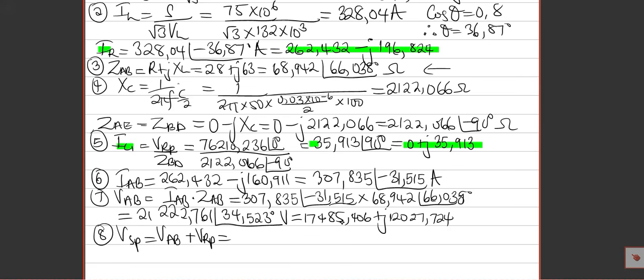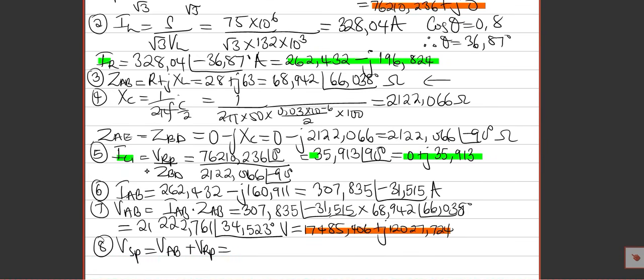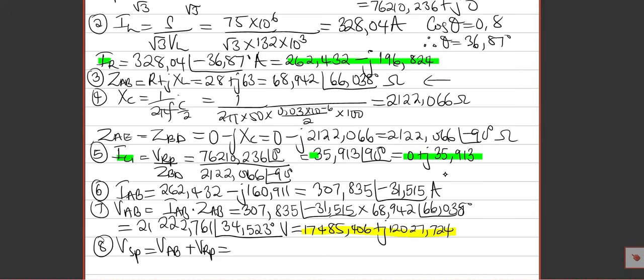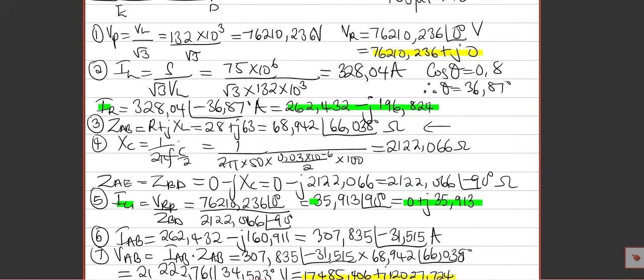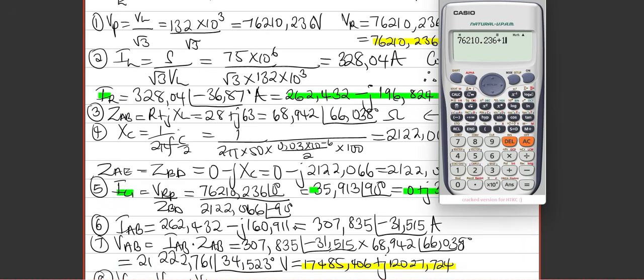I'm adding these two numbers there. So it's the real part plus the real part, starting with the one at the top: 76210,236 plus 17485,406.